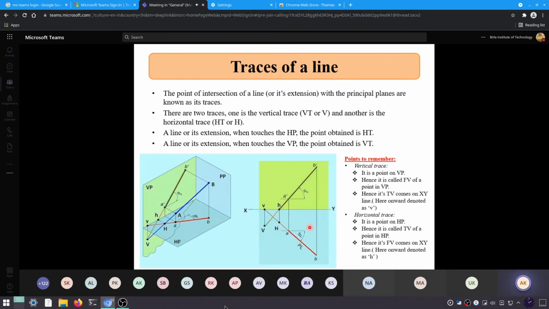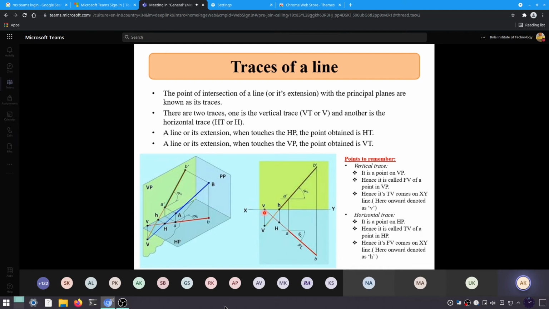Once we get the front and top view, we'll easily be able to trace h and v. Your front view, when it meets the xy line, will give you h, and the top view, when it meets the xy line, will give you v.